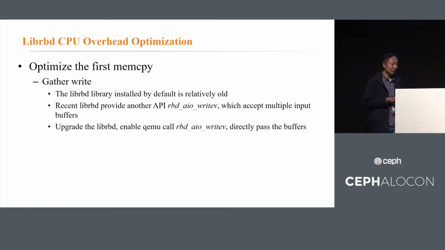So if we upgrade librbd and make a small change to the qemu code to call the new API, rbd_aio_writev, qemu can directly pass the buffers into librbd without that copy. So it's like a gather write optimization.